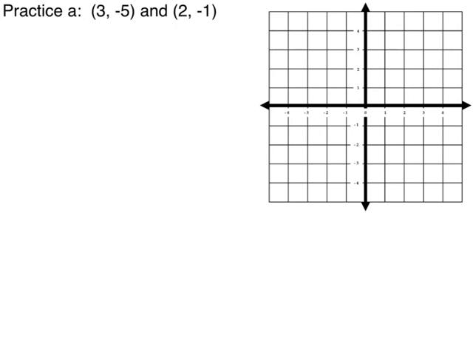Okay, let's do your practice. Practice A says find the equation of the line that passes through the points 3, negative 5, and 2, negative 1. So the first thing we're going to have to do is plot those 2 points. There's 3, negative 5, and here is 2, negative 1.